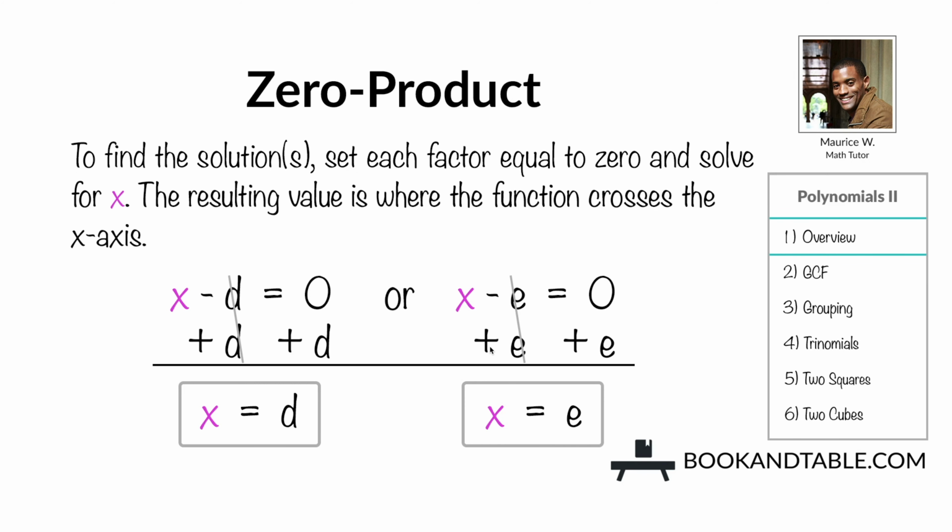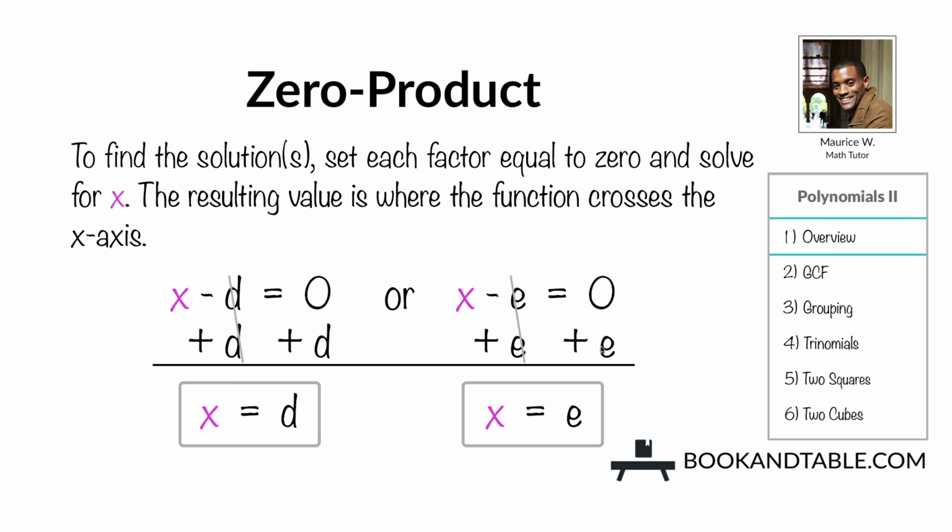So by knowing that one or both of the factors must be equal to 0, in order to solve for x, or to find the solution or solutions, we set each factor equal to 0 and solve for x. So one of the factors, x minus d, we set that equal to 0 and solve for x. To do so, we add d to both sides, giving us x is equal to some number d. So that would be one solution. And another potential solution we find by doing x minus e is equal to 0.